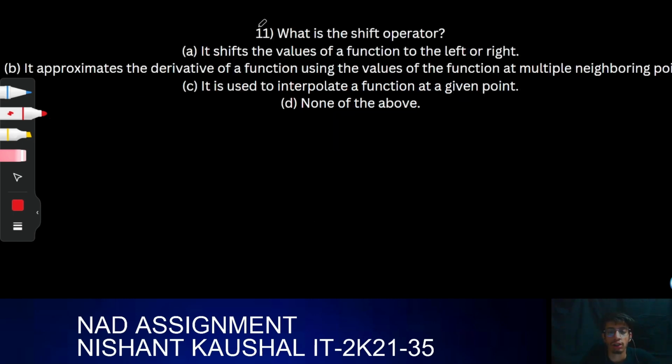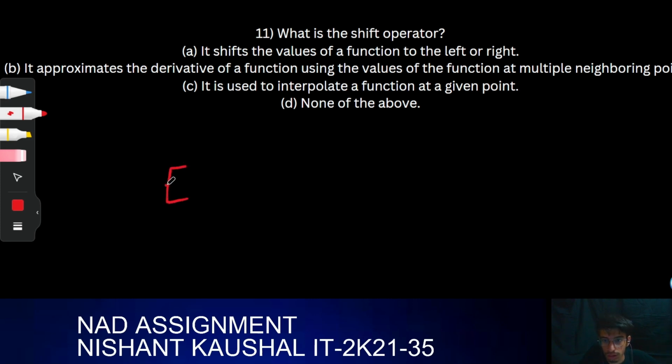Let us proceed to question number 11. What is shift operator? A. It shifts the values of a function to left or right. B. It approximates the derivative of a function using the values of the function at multiple neighboring points. C. It is used to interpolate a function at a given point, and D. none of the above. So what is shift operator?